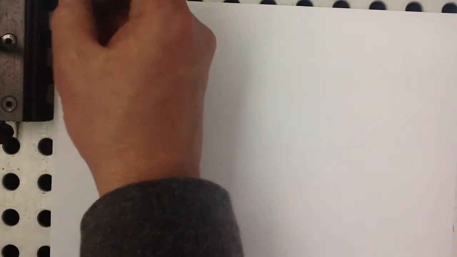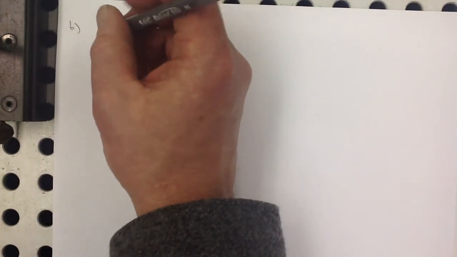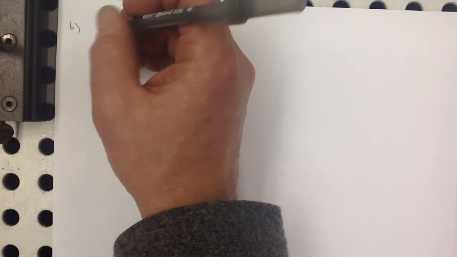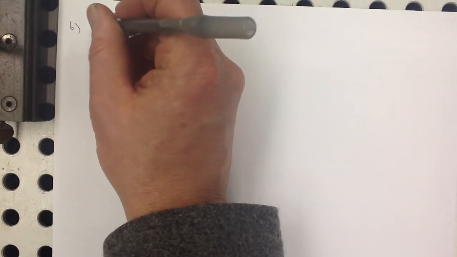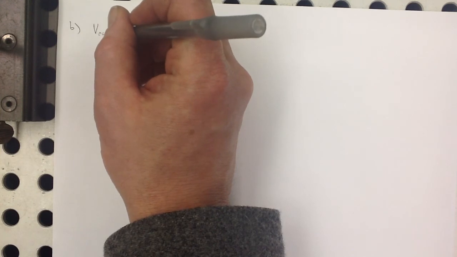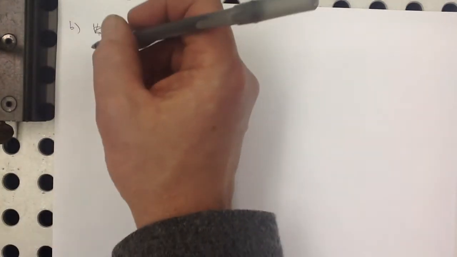For B, we got, what if its kinetic energy is half the kinetic energy required to escape Earth? So the kinetic energy required to escape Earth, since escape velocity... Well, this is where I'm going to do the same thing I did in the problem that got all messed up there and see if it works this time.